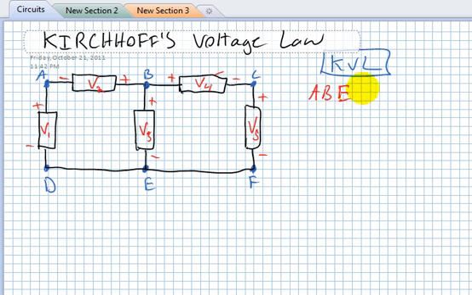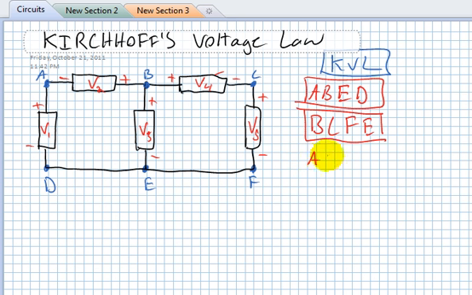You don't have to, but I'll do it anyhow. So that's the first loop. Our second loop is going to be B, C, F, E. And our third loop is going to be the whole thing, A, C, F, D.